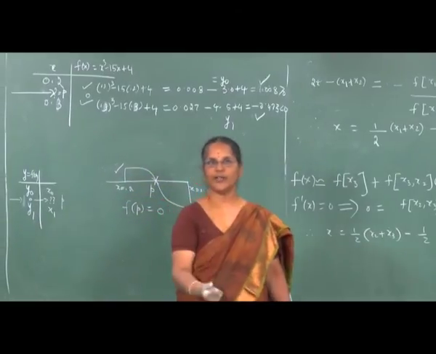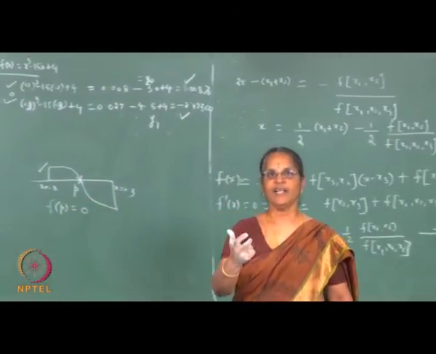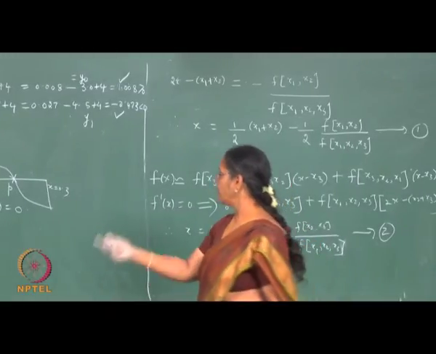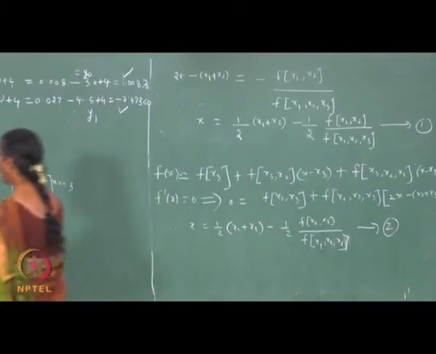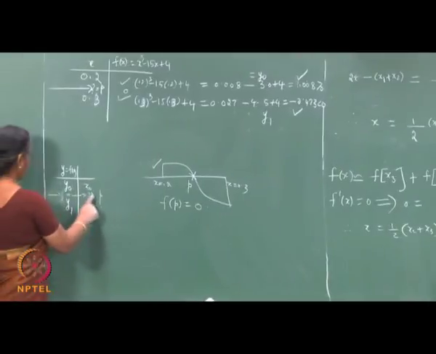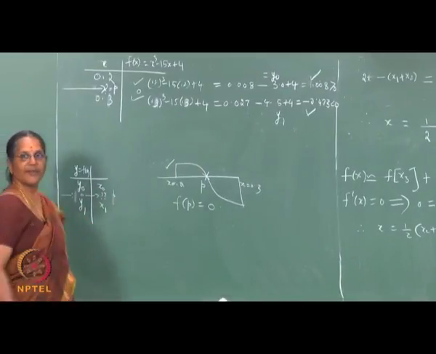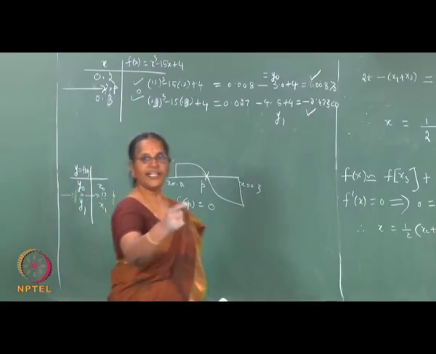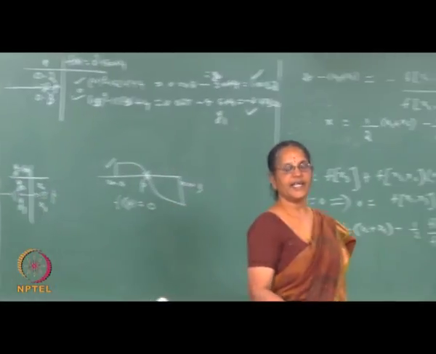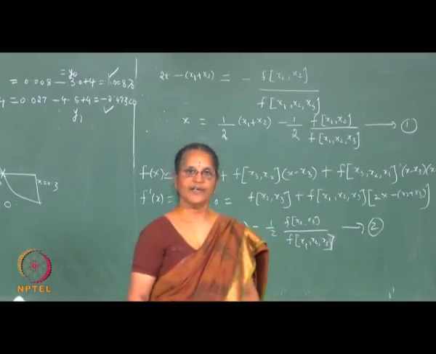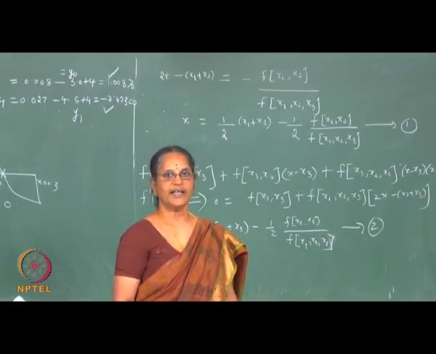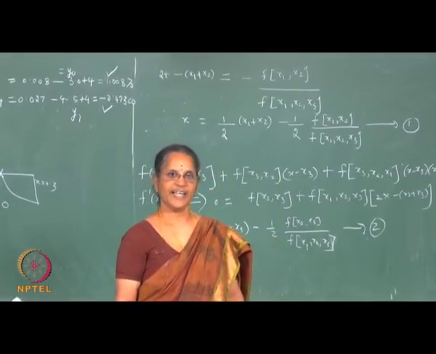Once I get the polynomial, I will get the information about the x at which this y becomes 0, and that would solve the problem. So, I need to understand the ideas in inverse interpolation, and we shall continue this in the next class.